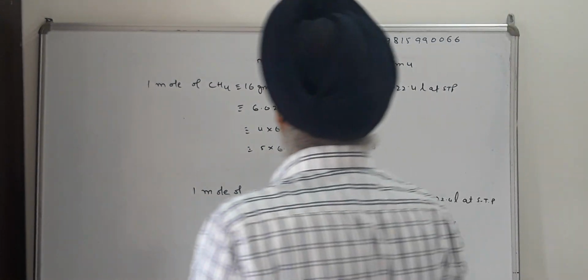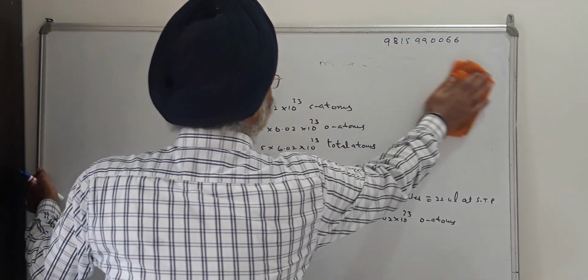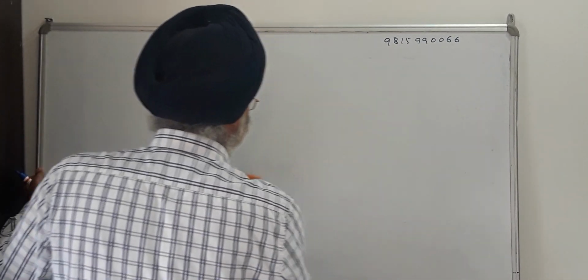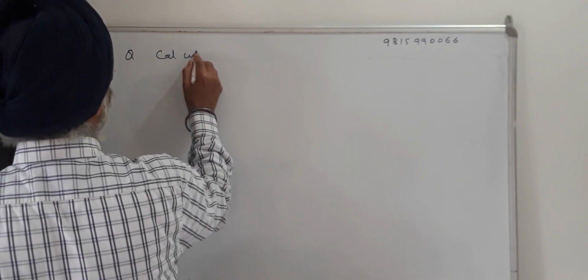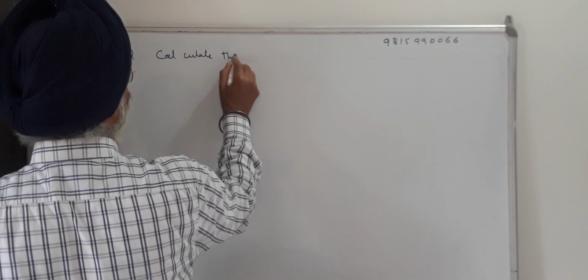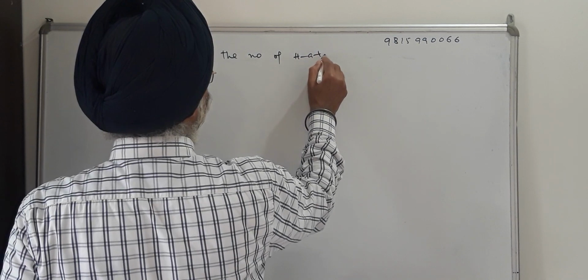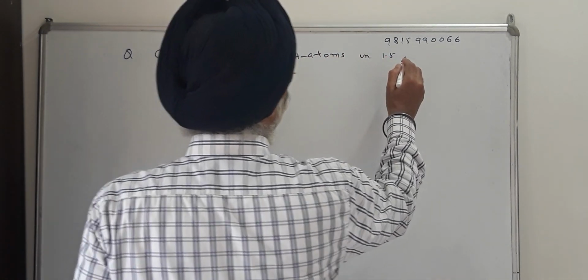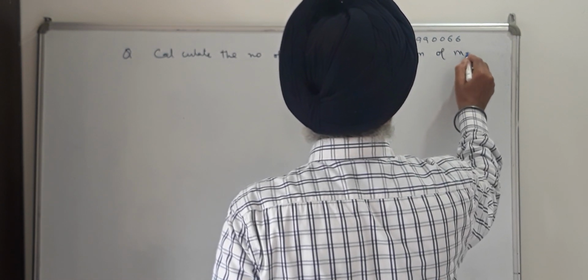Now, let us attempt our numerical problem. Question is, calculate the number of hydrogen atoms in 1.5 grams of methane.